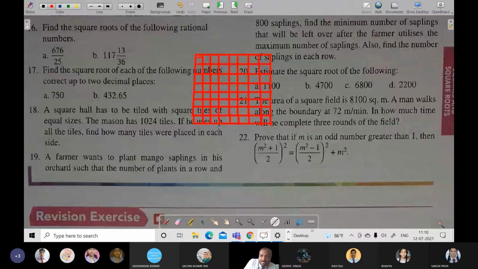As many tiles as there are in one direction, like 4 5 6 7 8, in the same way that many columns will be there, and that many tiles in each column, like 1 2 3 4 5 6 7 and 8, you can see. Is this clear? Yes, sir. If we take the square root, we get how many tiles are required in each row and column.